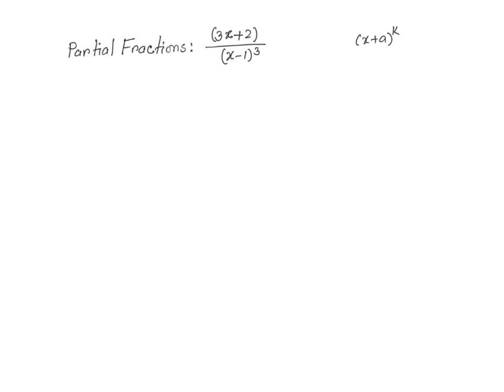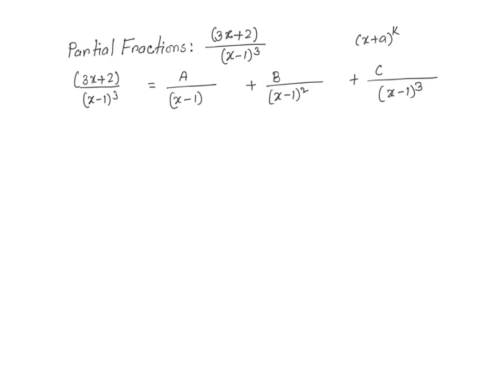So you're going to rewrite 3x plus 2 divided by (x minus 1) whole cube as A over (x minus 1) plus B over (x minus 1) whole square plus C over (x minus 1) whole cube.